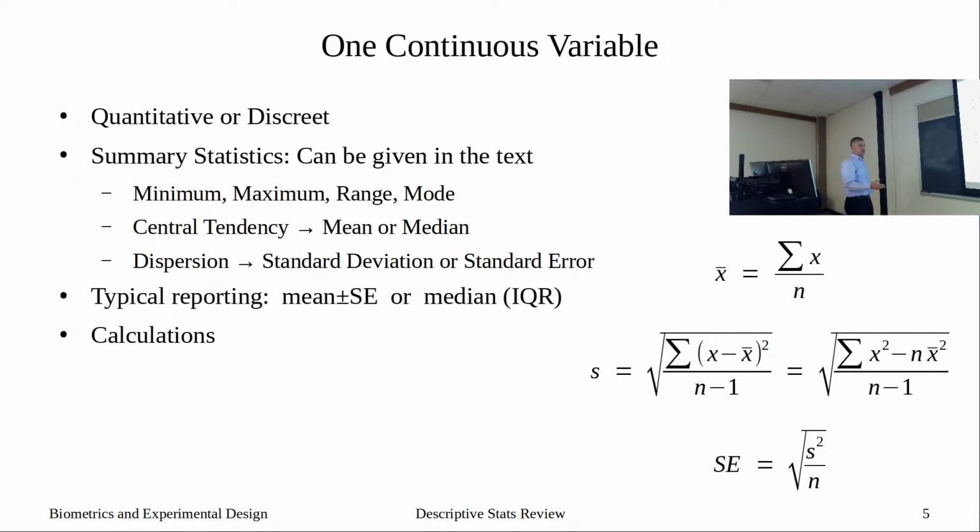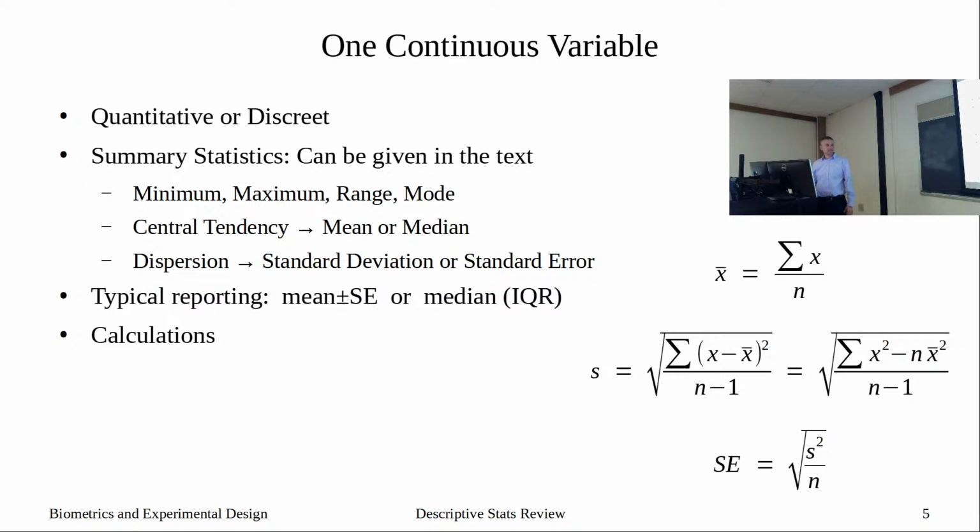So x minus x bar squared, that's sum of squares, sum of our squared deviates. The n minus 1, that's our sample size minus 1, degrees of freedom. Standard error is going to be the square root of our variance over the sample size, or standard deviation over the square root of our sample size.